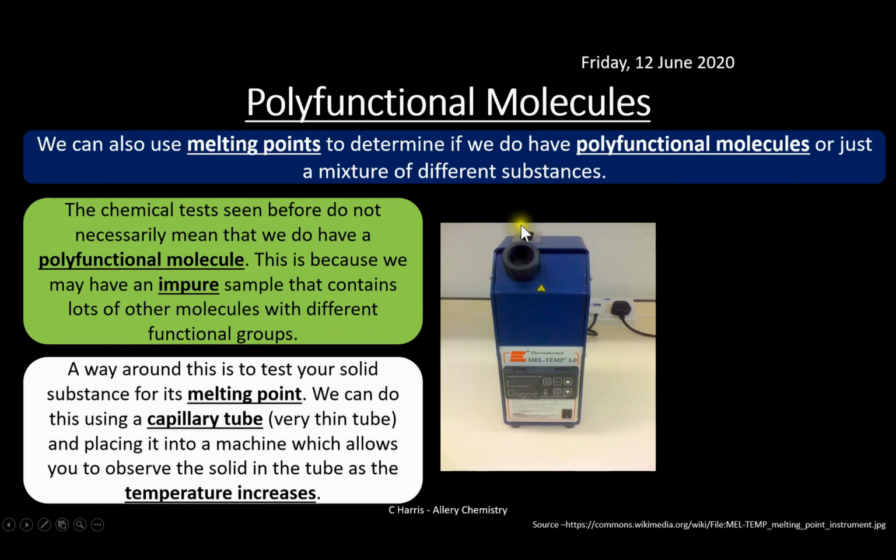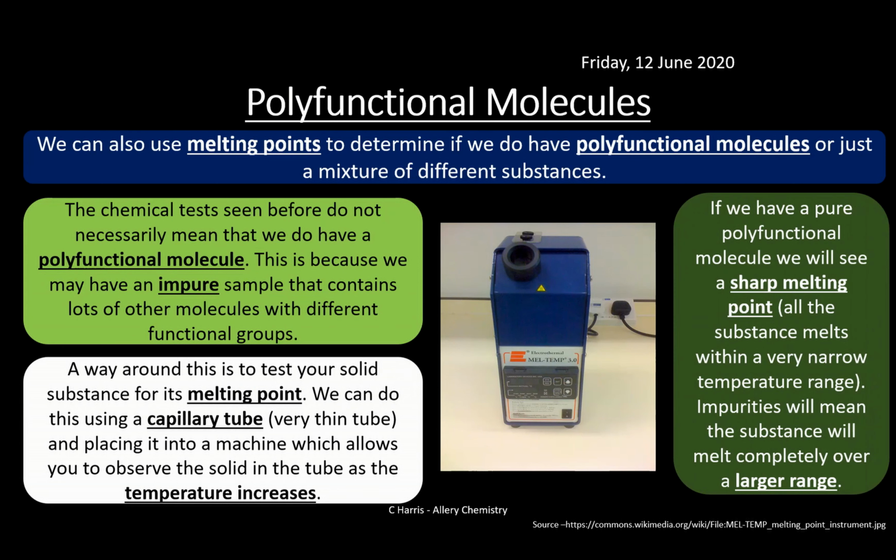And then we place the capillary tube into one of these little entrances at the top here. So we take the cap off, we put it into the top there, and then we view down the middle here. Basically this machine's got a little oven in it, and it warms the sample up gently. You can control the temperature using these controls here, and you can see the solid magnified down this viewfinder here. And what we're looking for is that solid to melt.